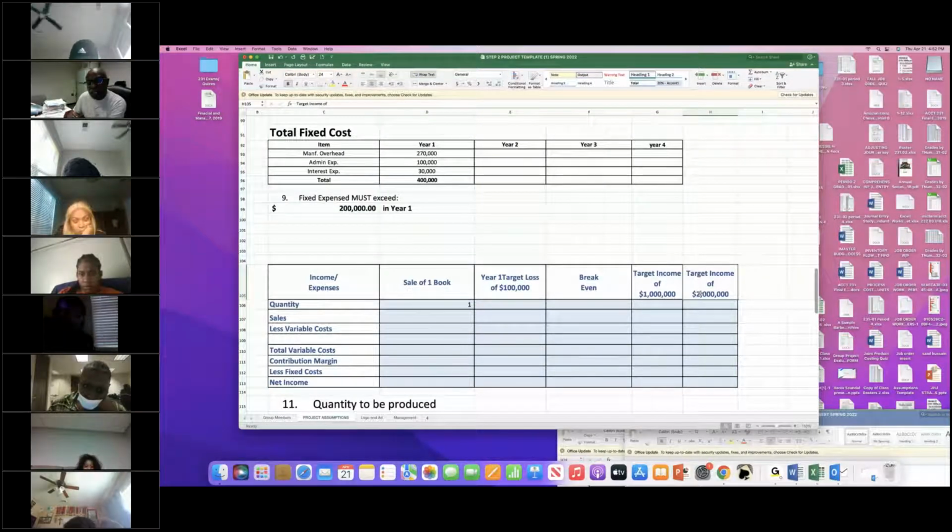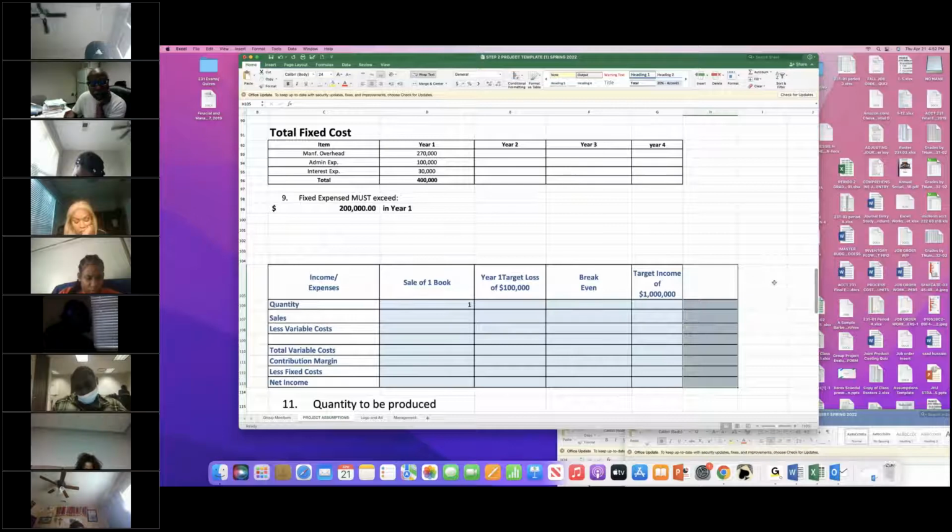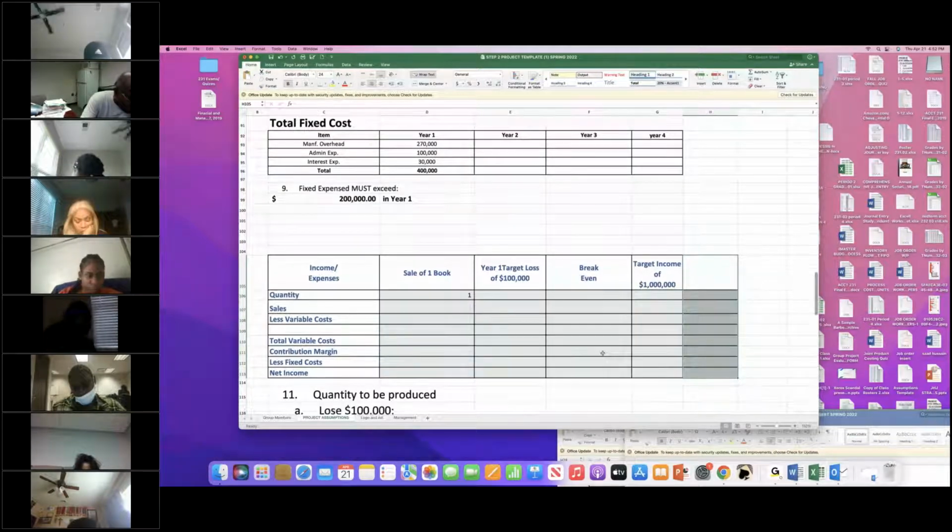Ignore that one. Okay. So we just have those four right there, just like you just practiced. So you've got to complete this for your project to indicate how many you got to make each year, putting your cost in. Do we understand?